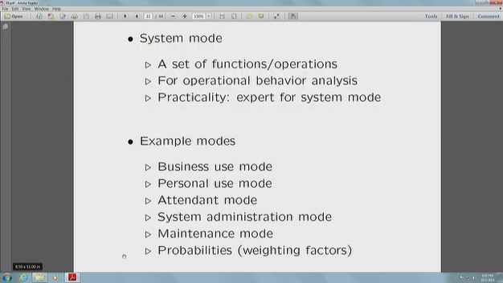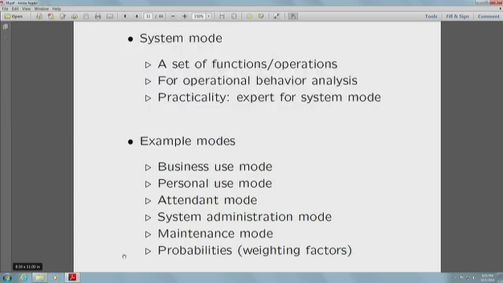Now we're looking more from the product view. The first one is purely from the customer and user view. Now we look at it from the product view. When we look at it from the product view, what are the different things that get used together, so we can identify the functions and operations associated with this system mode.